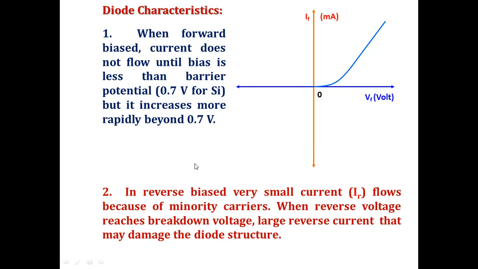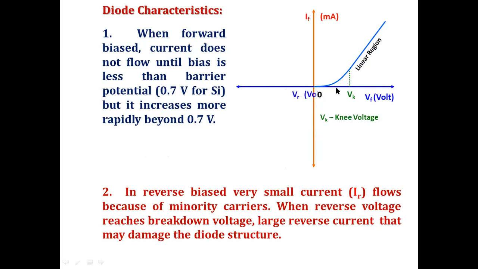So it will increase the depletion layer, and it will not give a path for the current to flow. So the reverse current will be zero or negligibly small, and we consider it that way.